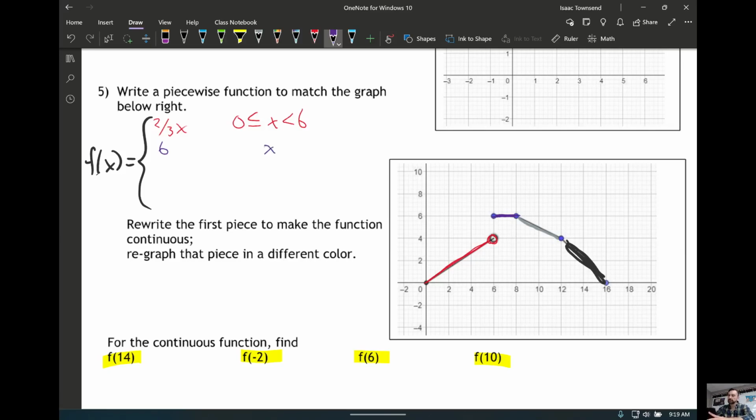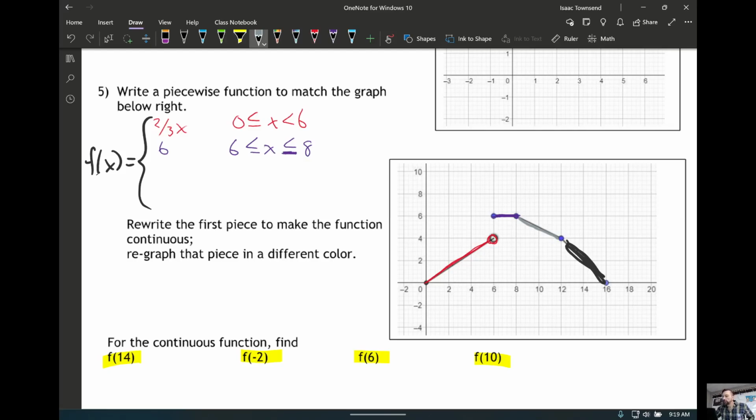So when x is equal to 6, when x is equal to 8, also bigger than 6 but less than 8, it's y equals 6. Now technically with this closed circle here, you could either include it here or you could include it with the third line. It doesn't matter which one. You just need to make sure you hit that point, one of those for x equals 8.